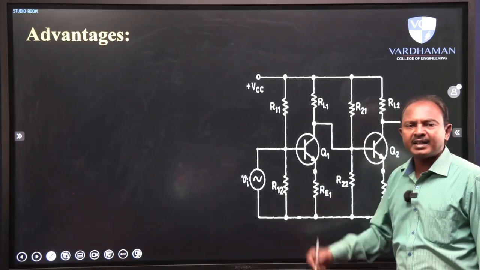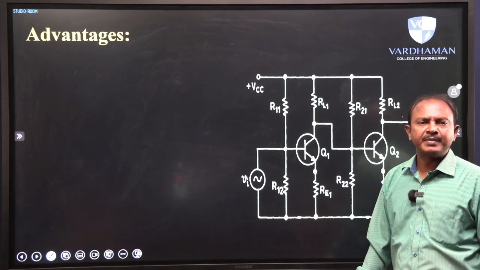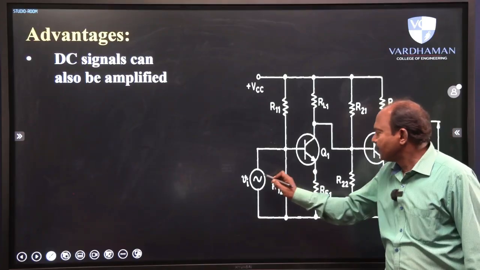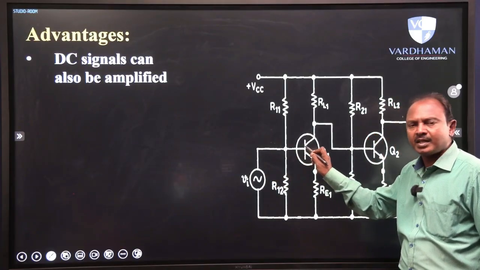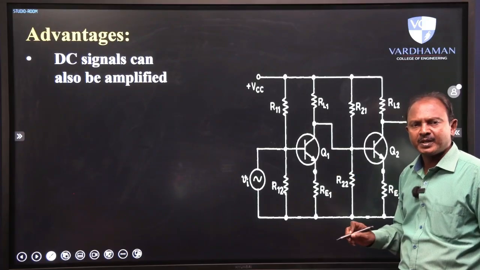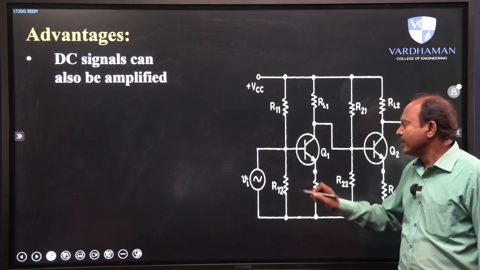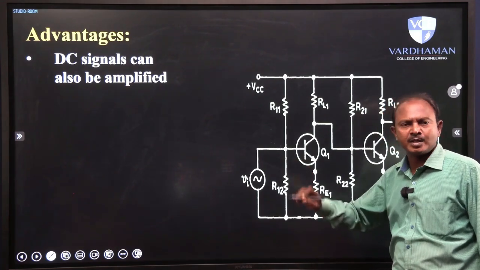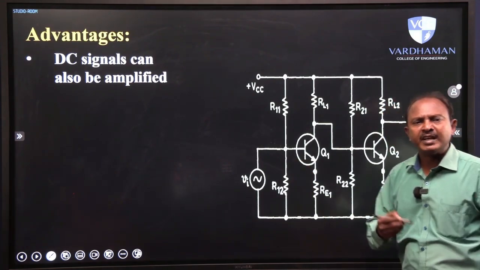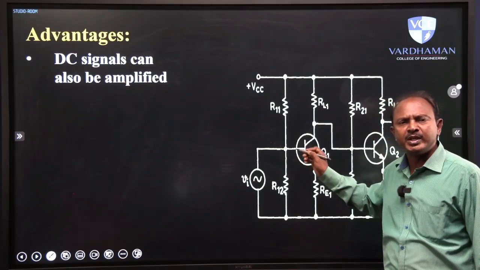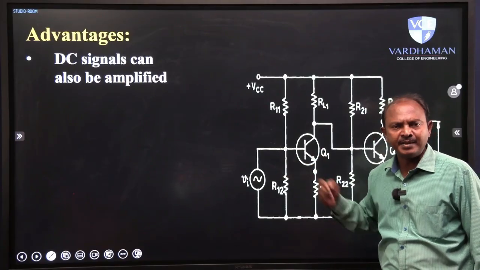The fundamental advantage of this coupling scheme is that, because the input signal is directly connected to the base of the first stage, we can apply any AC signal or DC signal. Whenever you need AC signal amplification, which is the primary duty of this amplifier, it can easily be done.